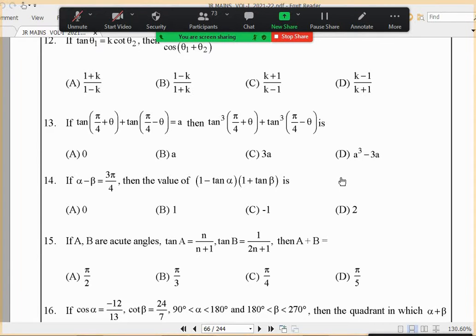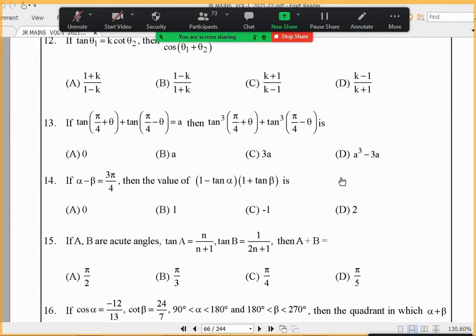Through these questions, we are not learning any new formula, but it can be asked slightly this way, slightly that way, and we should be ready for that. Okay. So 13th question. Tan pi by 4 plus theta plus tan pi by 4 minus theta equals a, and they wanted a cube plus b cube.